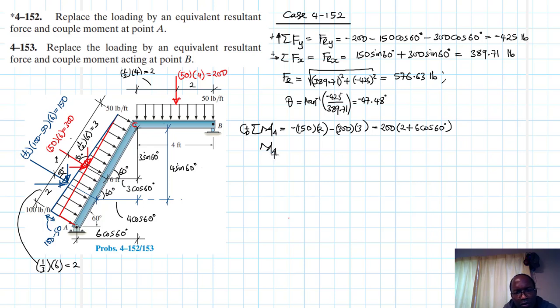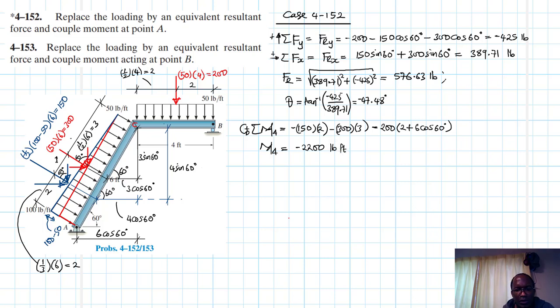We have the moment A equal to minus 115 by 2 minus 300 by 3 minus 200 times 2 plus 6 cos 60. So this is minus 2200 pounds feet.